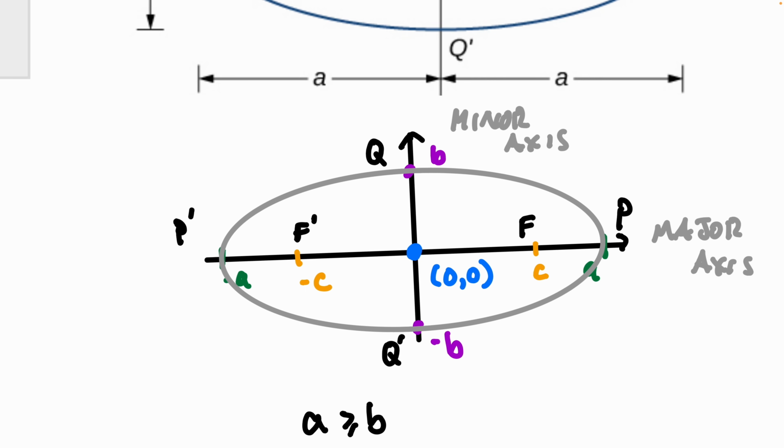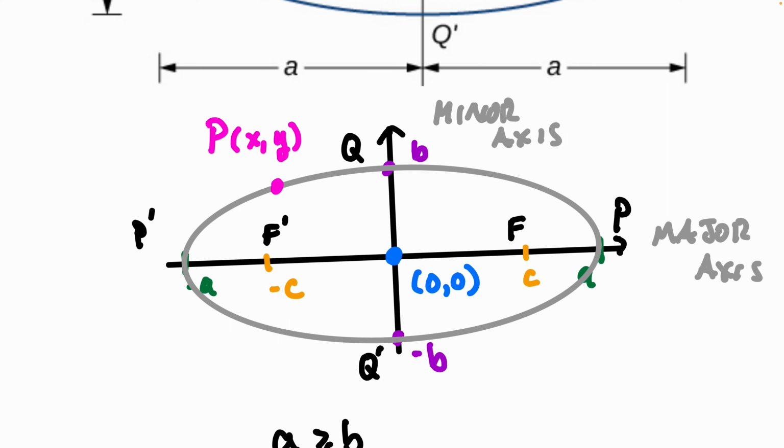So let's go ahead and add into our picture an arbitrary point. Let's go with a pink point. There's a point P. It's arbitrary, so let's give it coordinates x, y. And then let's draw in the distance. So from the point P to F prime, let's call that d1. And from the point to F, we'll call that d2.